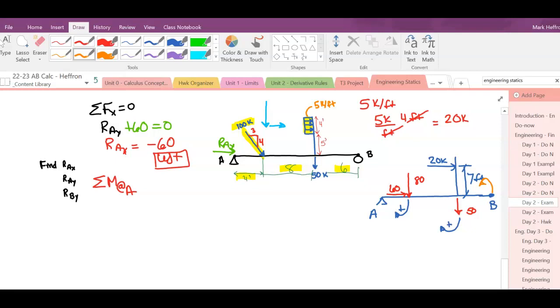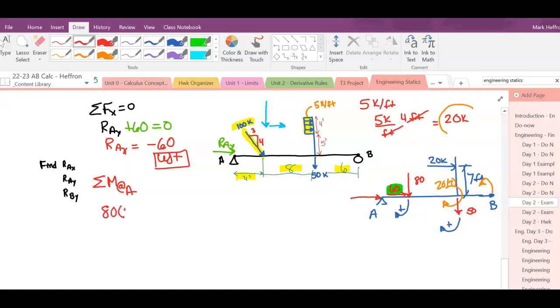There's a moment we said of 20 times 7 coming from the force on the sign. And then this 60 doesn't cause moment because it has 0 distance away from the support. So I'll write all these down.